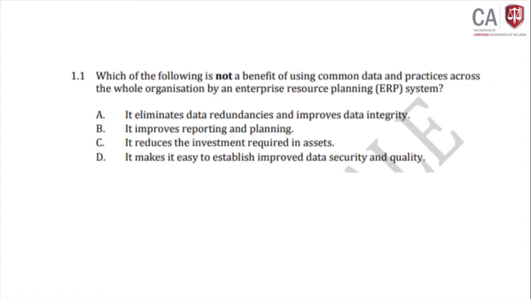Later that evolved to manufacturing resource planning systems, where you plan for all the resources including material, labor, machine hours, things like that. Finally, these evolved to a much more sophisticated system called enterprise resource planning systems.